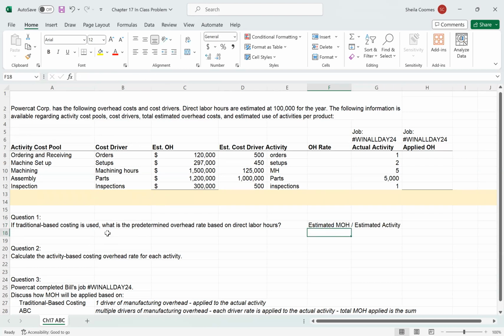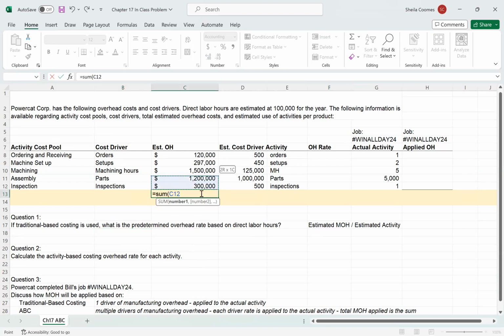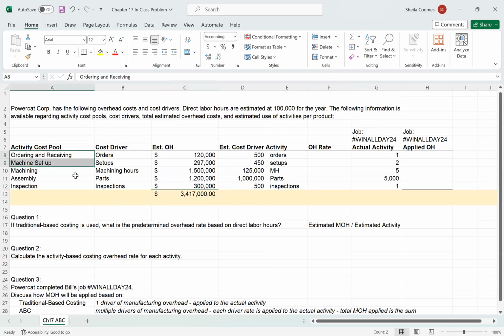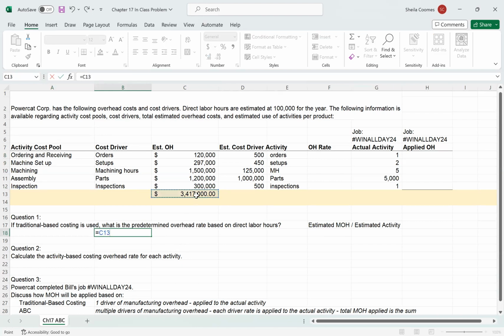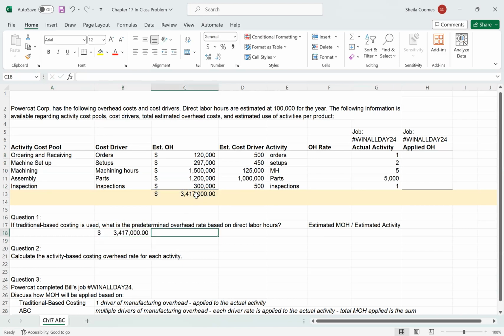So if we do it based off of direct labor hours, I actually first need to do a quick sum of my overhead, because these are activity cost pools, which we'll get to in a minute for activity-based costing. But here's the total. So we're going to take this number and divide that by, if you look up here, direct labor hours estimated at 100,000 per year.